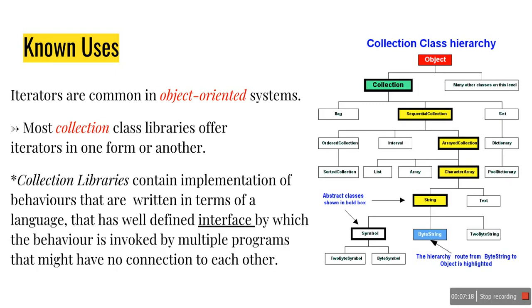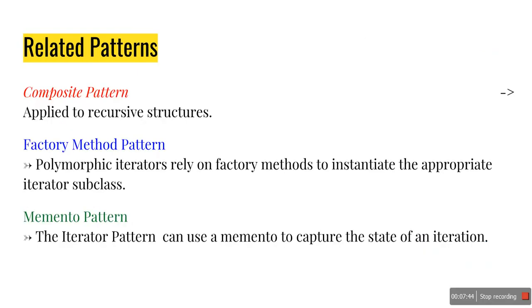So to make it simple, you can think of a collection as a bunch of functions that can be implemented by external programs. And here we have a little diagram that shows the structure of a collection and the hierarchy that goes with it.